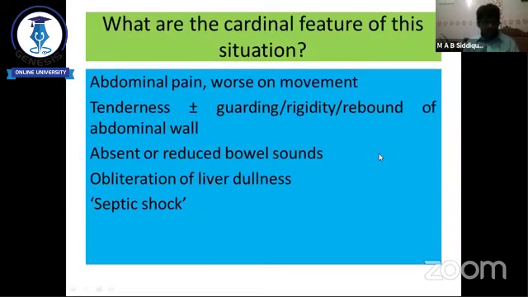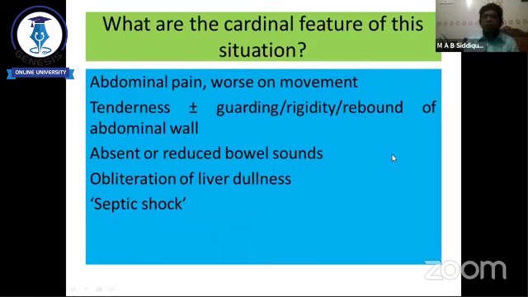So what are the cardinal features of this condition? In your exam, you may mention 3 common clinical features. Write down the 3 common clinical features, but I will mention them elaborately for your understanding. The abdominal pain is usually severe and worsens on movement.